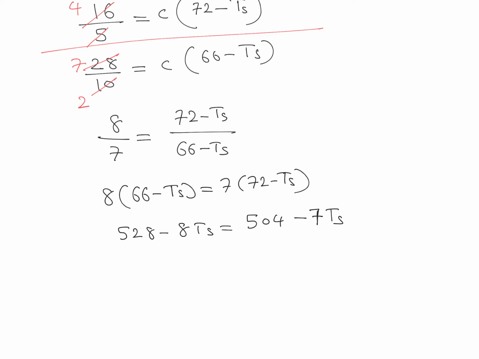So you can write this as 528 minus 504 is equal to 8 Ts minus 7 Ts, which is equal to Ts. So the difference is equal to 24. So that is the temperature of surrounding.